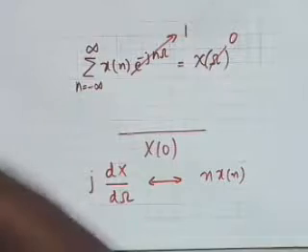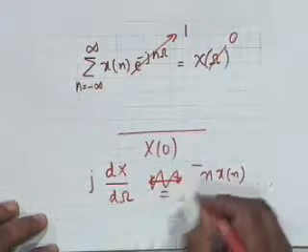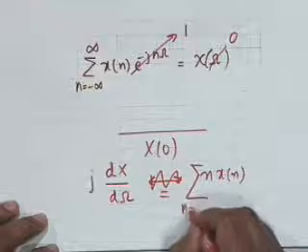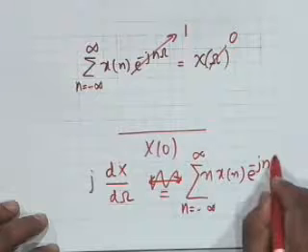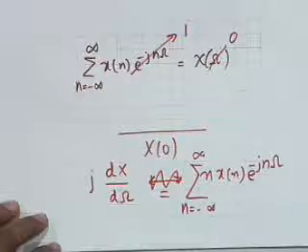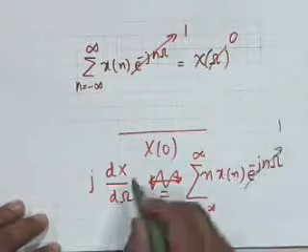Let me check. No, there is no minus sign. Alright, and therefore what we do is summation, obviously this is equal to summation from minus infinity to plus infinity e to the minus j n omega, and once again we apply the same trick, that is we put omega equal to 0.